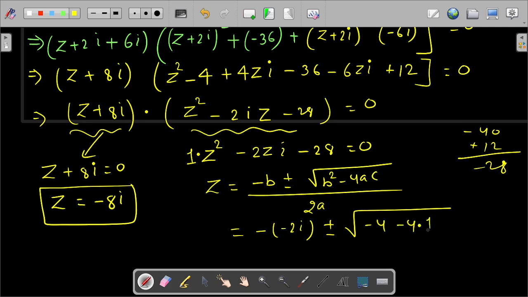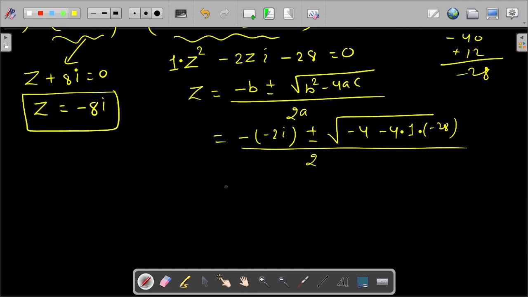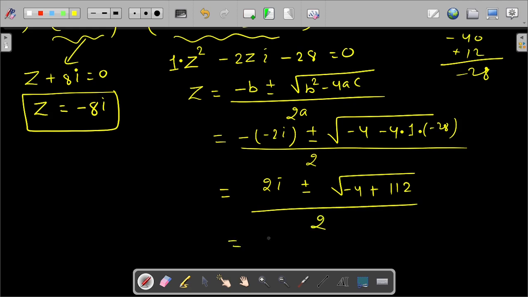Minus 4, a is 1, c is minus 28, upon 2a, that is 2, because the value of a is 1. So let us simplify this. So this will be 2i plus minus under root minus 4 plus 4 times 28, upon 2. So from here we will get 2i plus minus under root 108, upon 2.